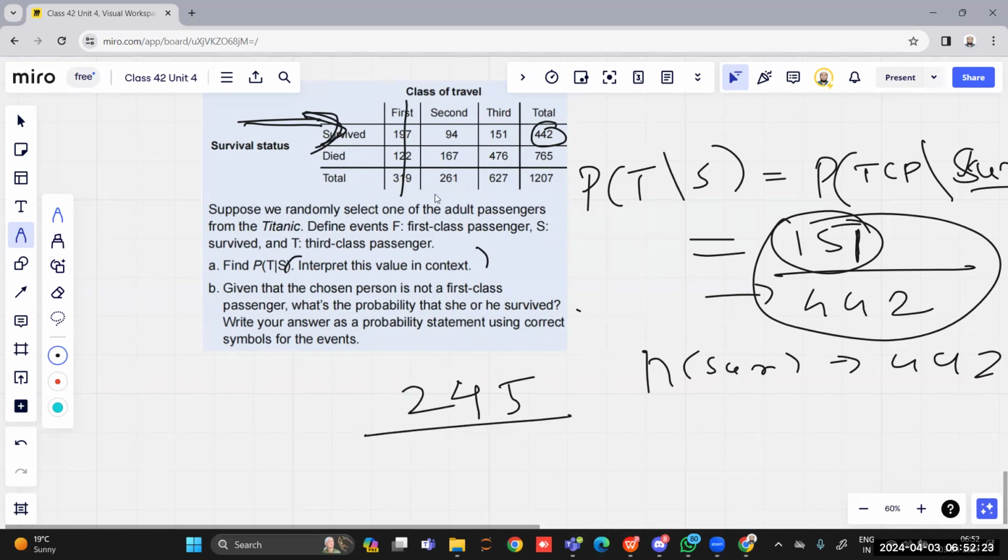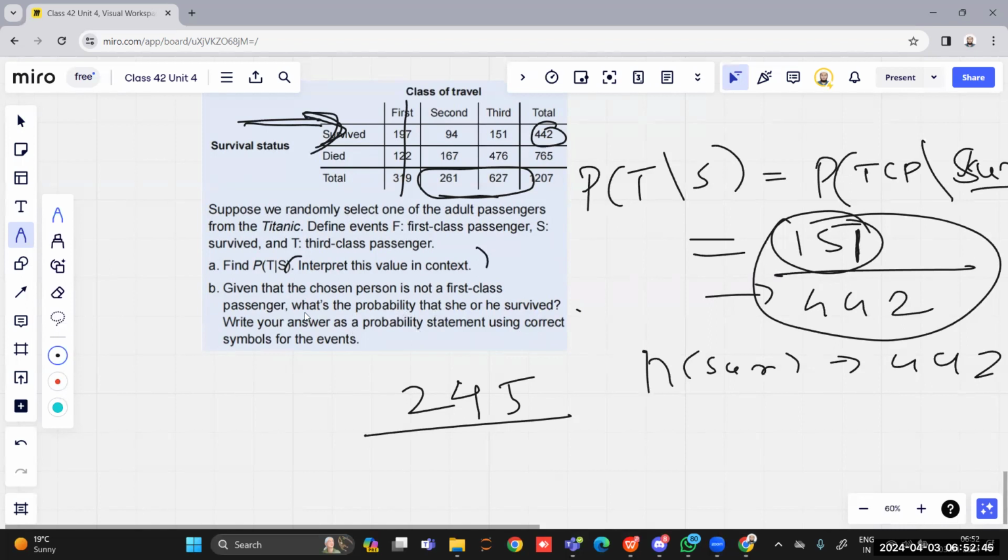245, this addition will be both. Now we have to add this also? We'll add those who survived. Correct. So, wait a minute now. Given that the chosen person is not the first class person, what's the probability that she or he survived? All right, your answer is the probability using correct symbols for the events.